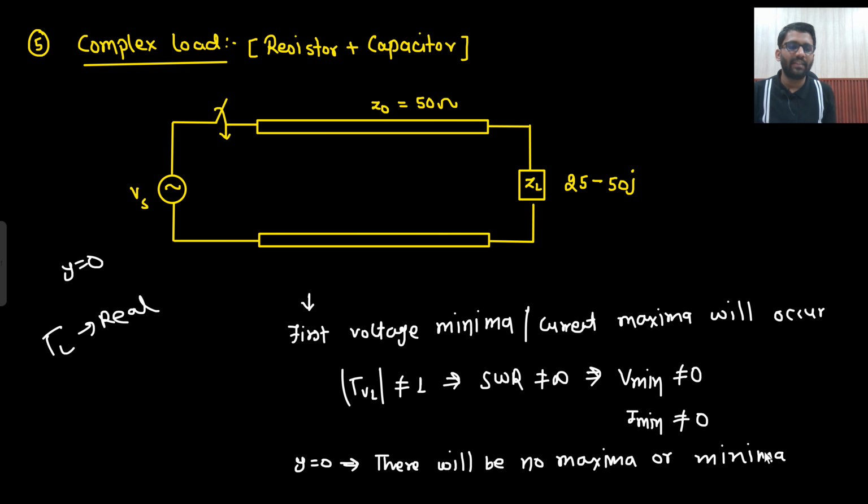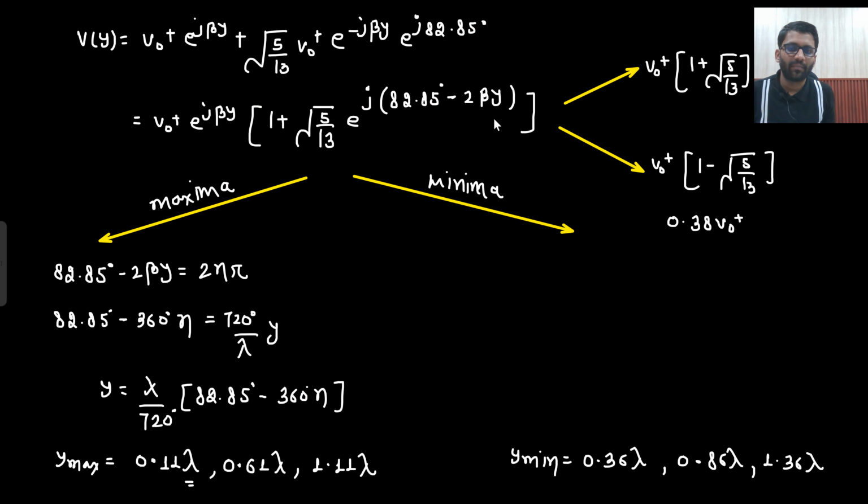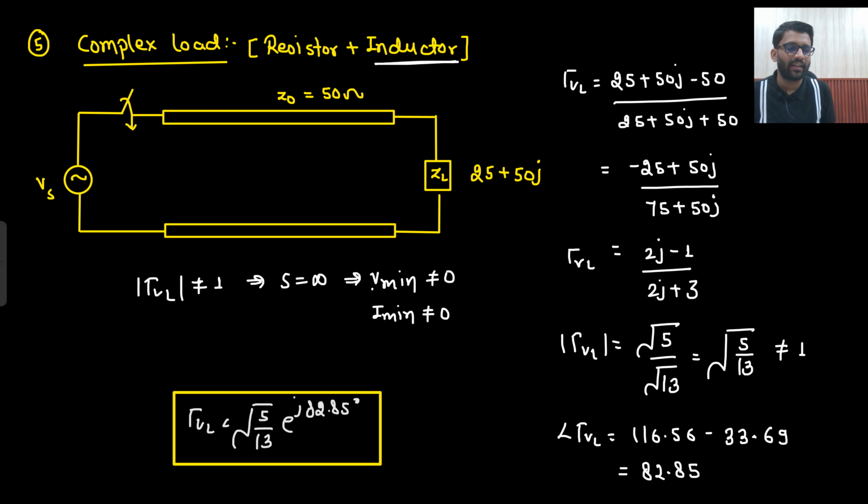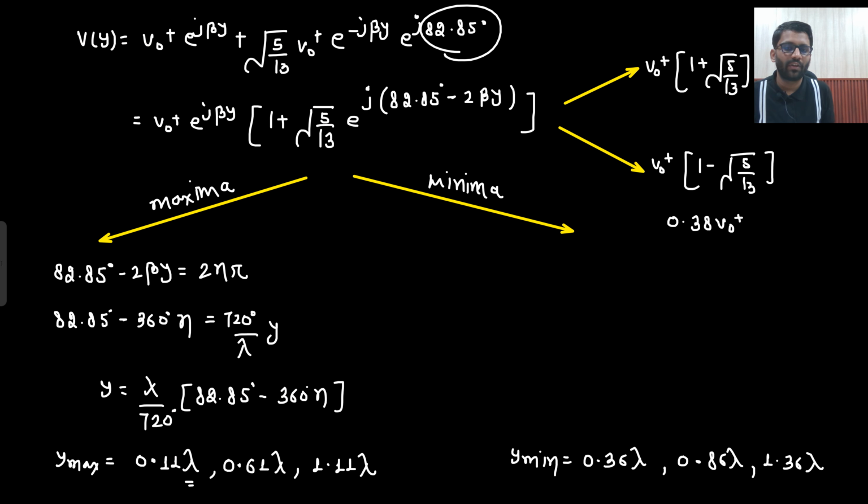And if gamma L is real, that means this term will not come. And if this term is not coming, that means at y equals 0 only you will have some result. So that was the reason why you were getting maxima and minima at y equals 0 only.